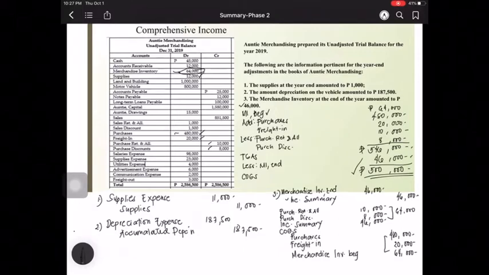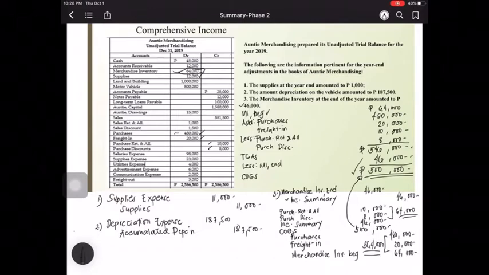We have a total of 564,000. Whatever is the difference between your total credit and your debit would be the amount of our cost of goods sold. That's 564,000 minus 64,000, which is 500,000 for your cost of goods sold, the same one that we have computed in the formula for your cost of goods sold.